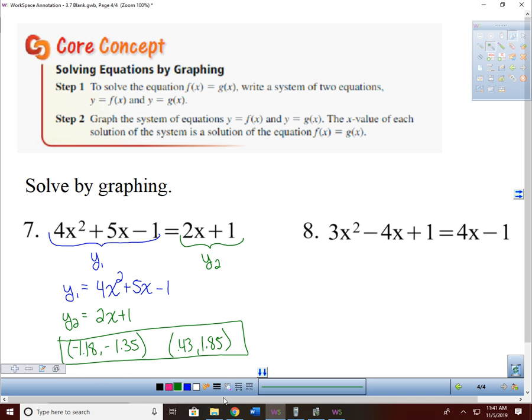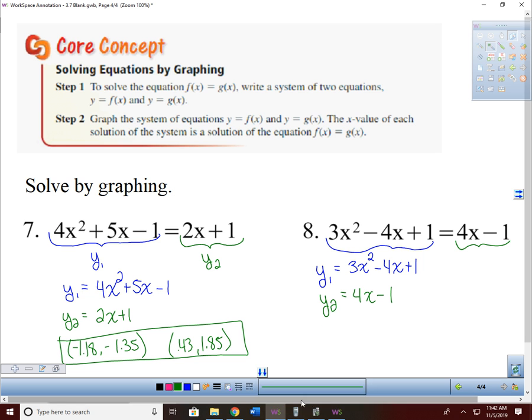So we will do the same thing with this one. You have 2 equations. The first one is the left-hand side of your equation. So that would be your y1 is 3x squared minus 4x plus 1. The second equation will be the right-hand side, which is 4x minus 1. Okay?